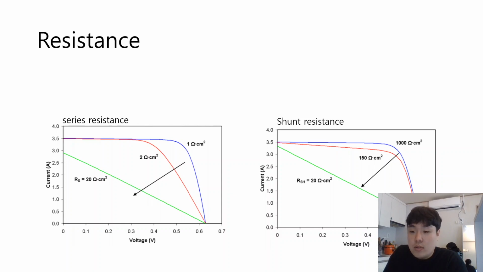Another factor is when electron hole pairs are produced inside the solar cell device. Originally those electron hole pairs go to the emitter or base, but the shunt resistance makes the electron hole pairs go to the resistance component, and that makes the electron hole pairs recombine, so the efficiency of the solar cell is decreased.